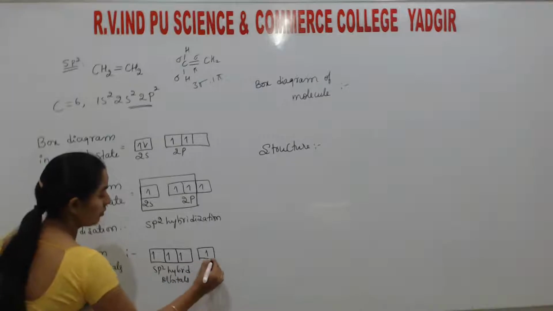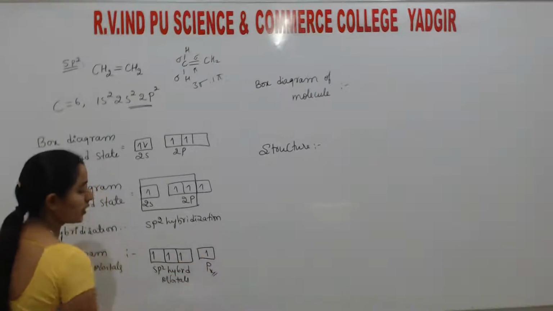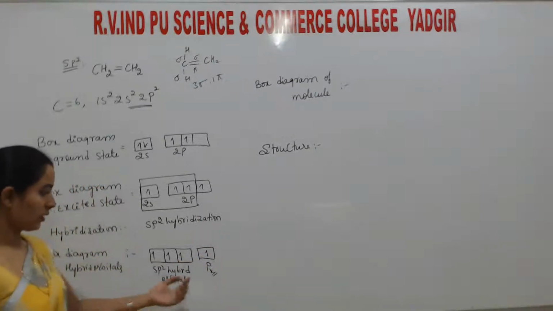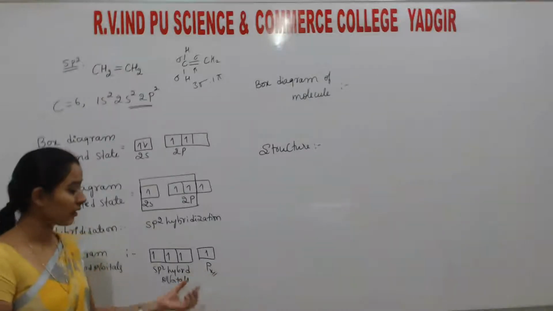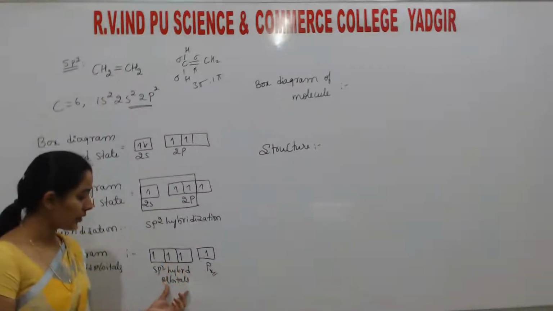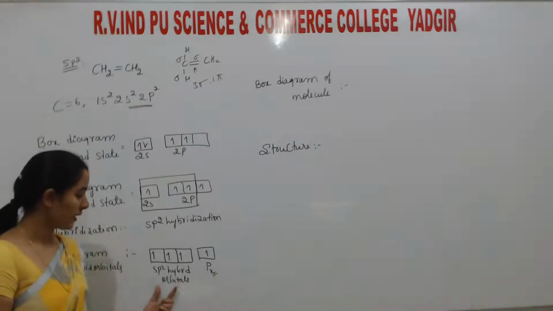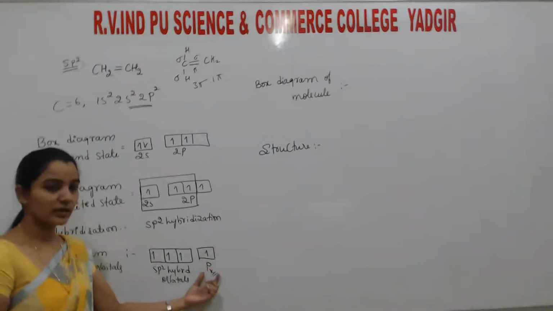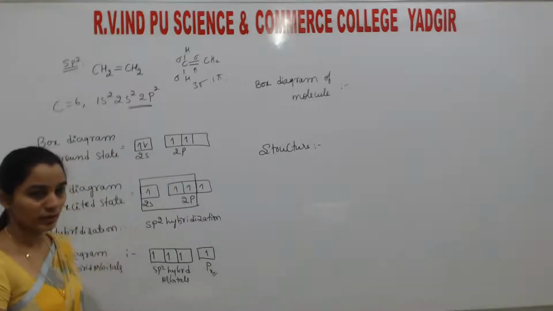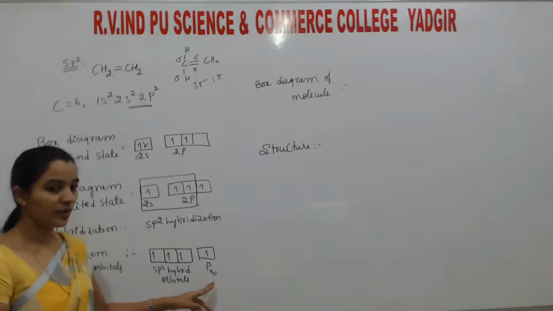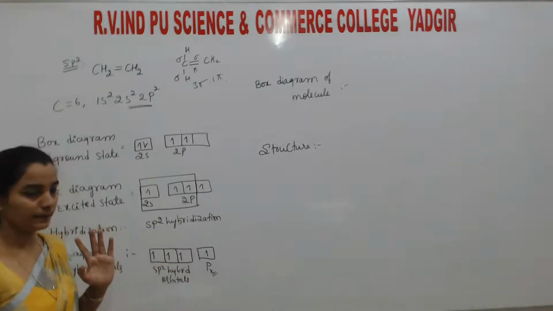But this one is alone, either px or py or pz orbital. Three orbitals, px, py, pz, are there. Two are involved in the hybridization, one is left. So it is sp2, and this is px or py or pz, whatever you may take. Of course, this is forming the pi bond.